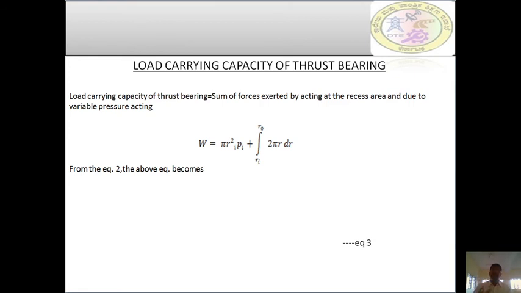That is what I have shown here. Pi into ri square is the area, into pi, is the equation for the force, plus the variable pressure across the bearing from Ri to R0.